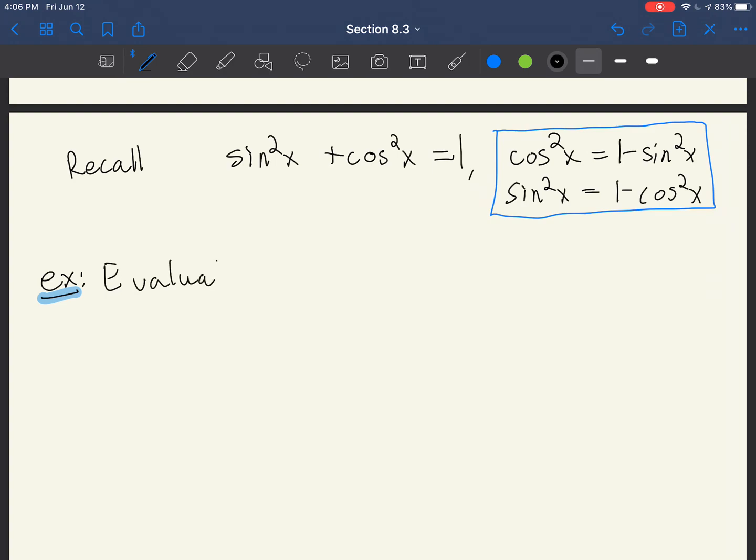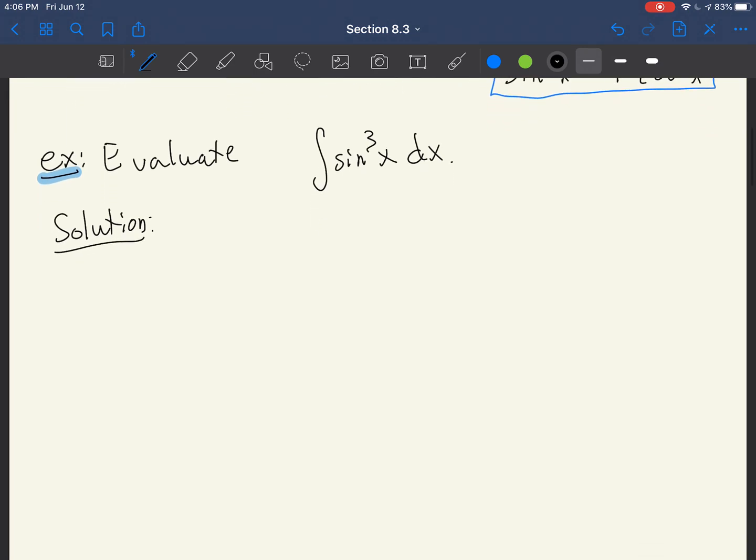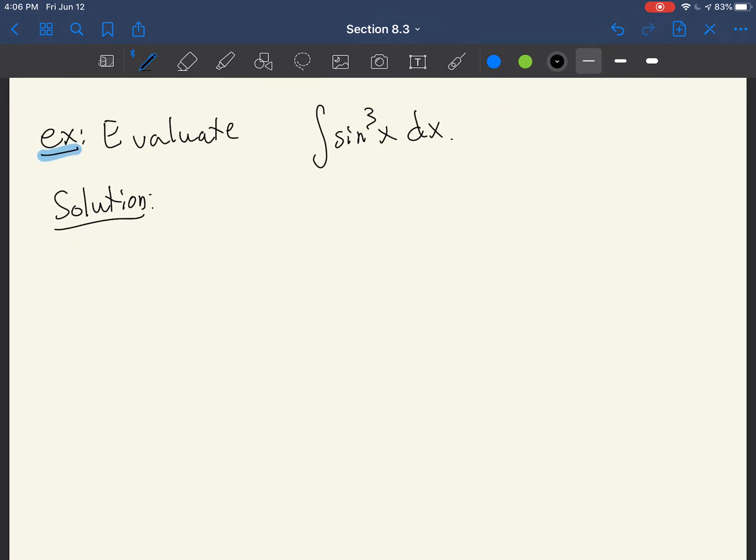Example. Let's evaluate integral of sine cubed x dx. So right away we see we can't just do a simple u-substitution because in this case we don't have m or n equal to 1. So our goal is to reduce the 3 down to a 1.